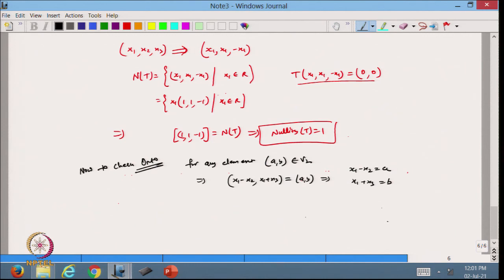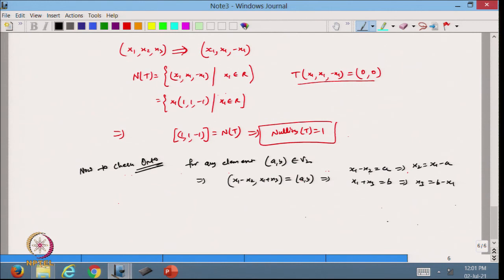Now, from here I can define x2 is equal to x1 minus a, and x3 is equal to b minus x1. So, I have written everything in terms of x1 only.